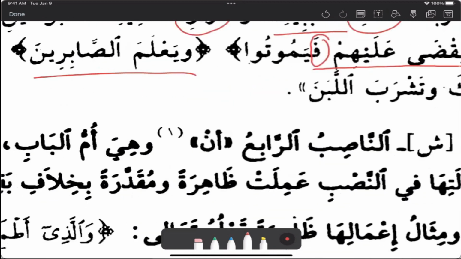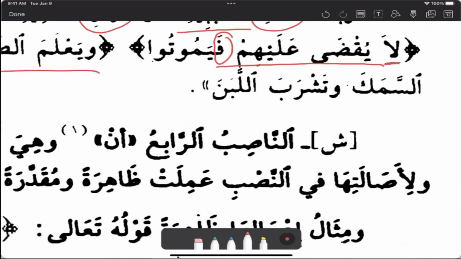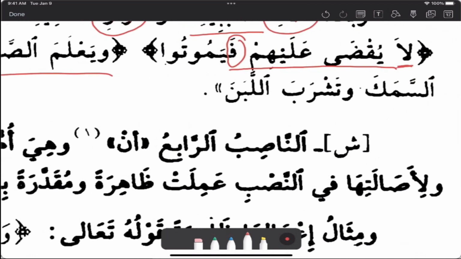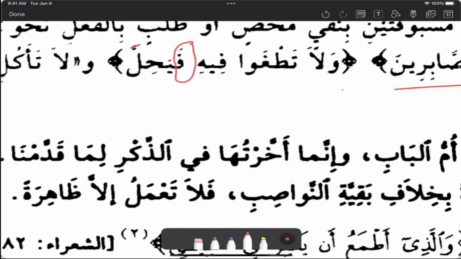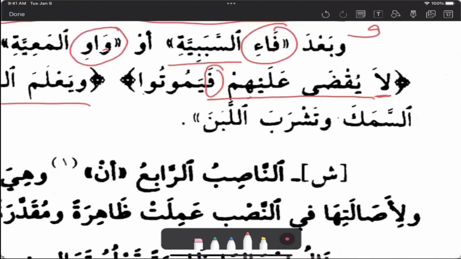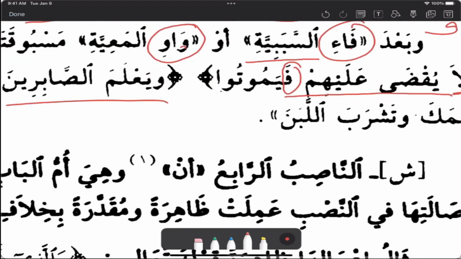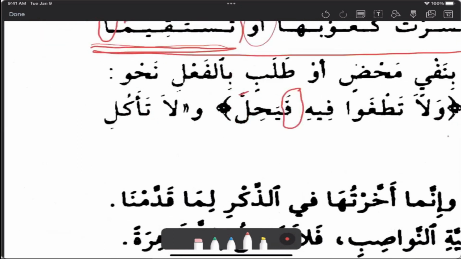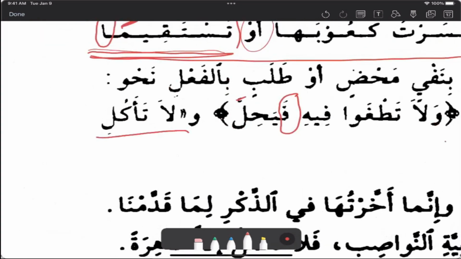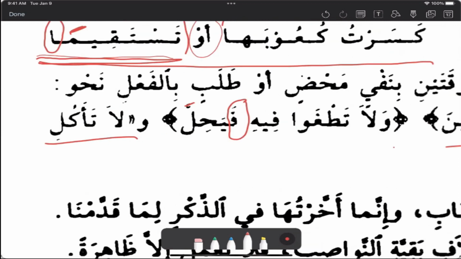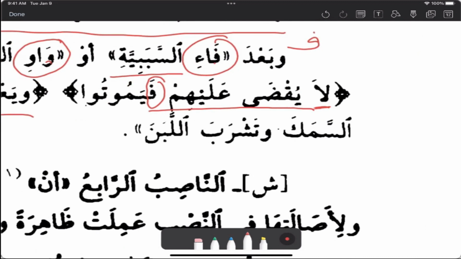And also, لا تأكل السمك وتشرب اللبن. Here, لا تأكل, do not eat. That's seeking, it's forbidding you. Don't eat the fish.